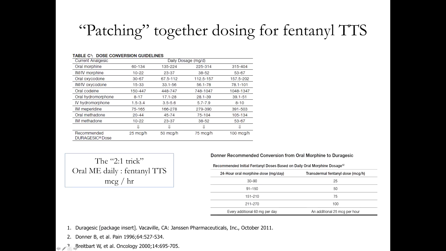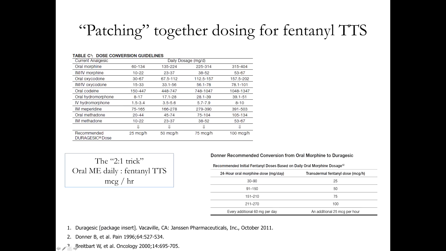So it's 2-to-1 morphine to fentanyl. So if you're on 60 milligrams of oral morphine a day, then your target patch, if they made it, would be 30 micrograms per hour. If you were on 100 milligrams per day, your dose would be 50 mics per hour of the patch. That's using the Breitbart method.